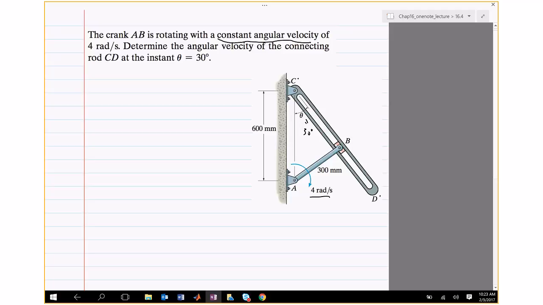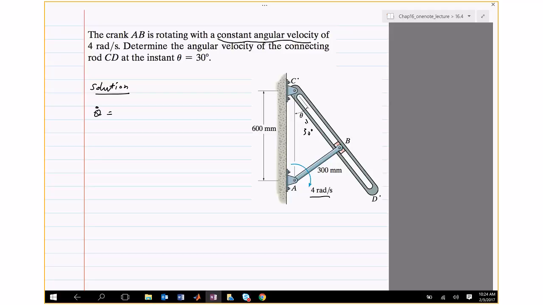Okay, what is the angular velocity of the connecting rod in terms of the variables which are given to you? Can I say that the angular velocity is theta dot? Theta is the angle made by CD with the vertical. So the rate of change of theta is going to give me the angular velocity of CD.